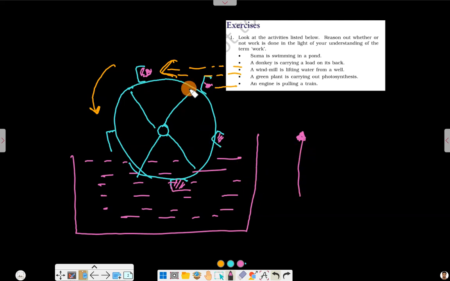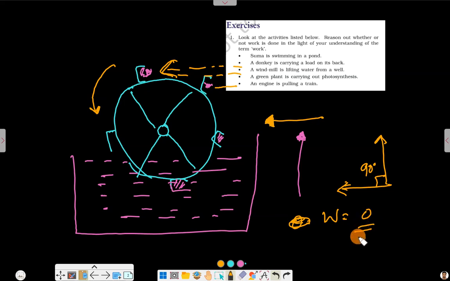But the force due to the wind was in the horizontal direction. So force is acting like this. The angle between both of these, this is force and this is displacement, is 90 degrees. So if the angle is 90 degrees, then work done is 0 by the force applied by the wind.